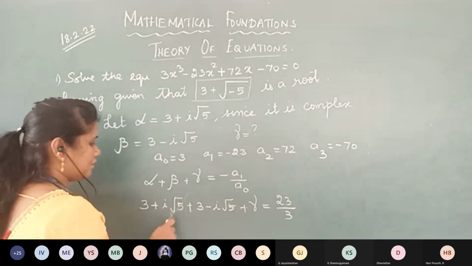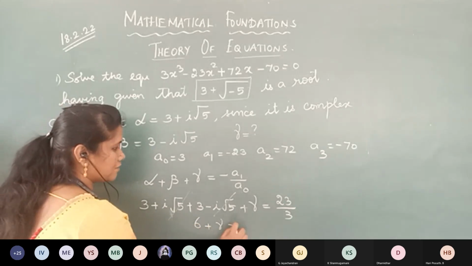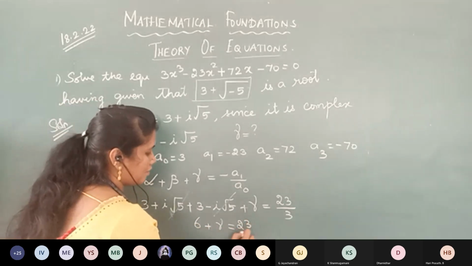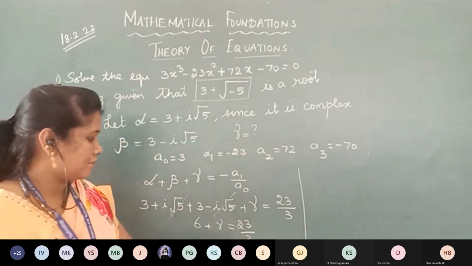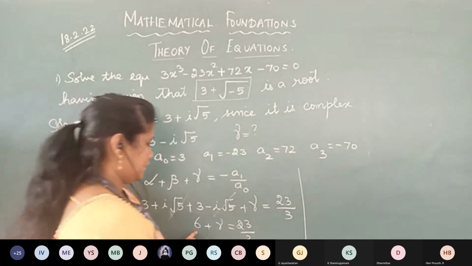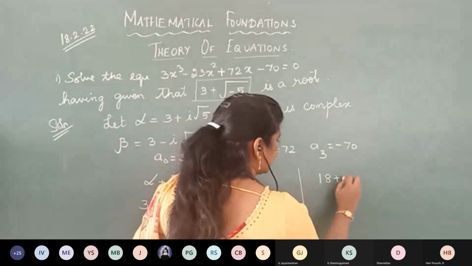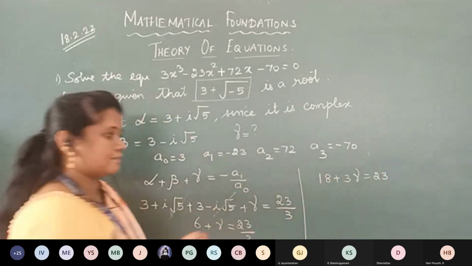Okay, solve it. This gets cancelled. You'll have 6 plus gamma is equal to 23 by 3. Take this 3 here. Okay, take LCM. So it will become 6 threes are 18 plus 3 gamma is equal to 23.